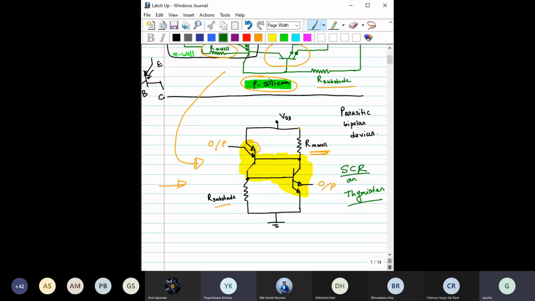If you have not studied thyristor so far, then we can see the basic structure of thyristor, and after that we will come back to this discussion again. So let us understand what SCR or thyristor is.